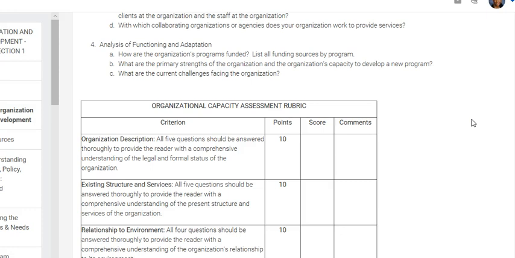So we look at inputs, we look at process, outputs, outcomes, and ultimately the impact. And all of the proposals we write, we will need to write how we evaluate what we have put together as the proposal to meet those unmet needs that we talked about initially.